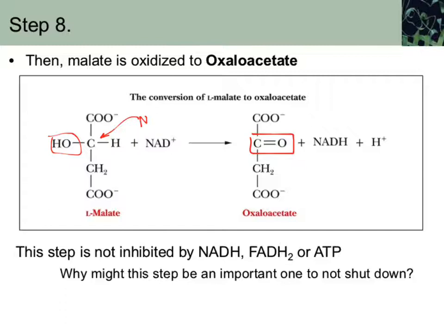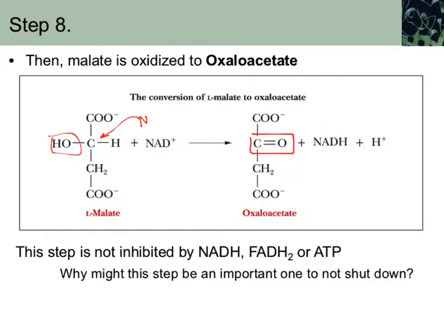Right? So given the choice, yeah, I might produce a little bit more energy, but at the same time I create a very useful biosynthetic molecule, whereas the malate isn't so useful. So if I shut that down, yes, I don't have the energy glut, but I also can't do any real synthesis.